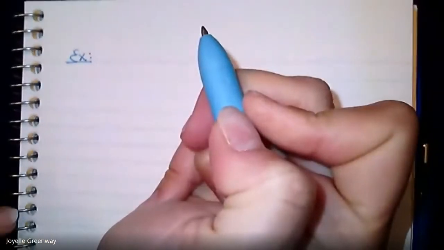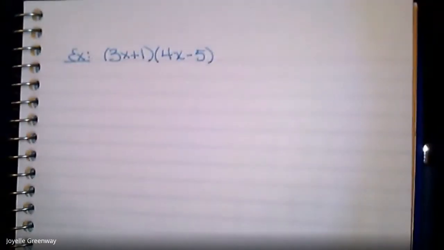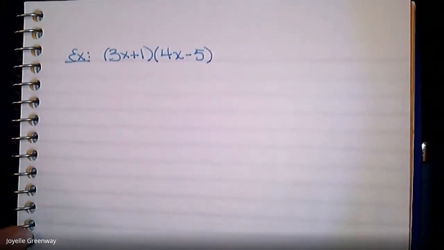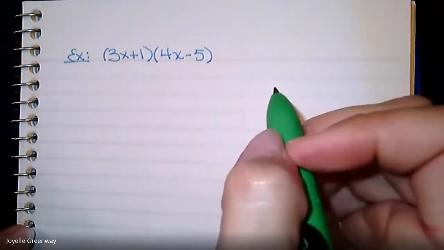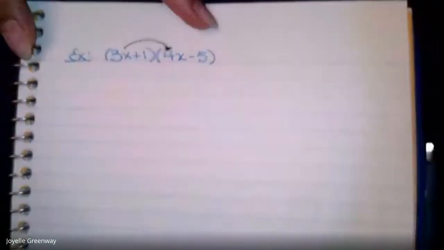I don't even know what example number we're on anymore. Let's multiply the binomials 3x plus 1 and 4x minus 5. We're going to think FOIL: first, outer, inner, last. My first term, 3x times 4x, gives me 12x squared.